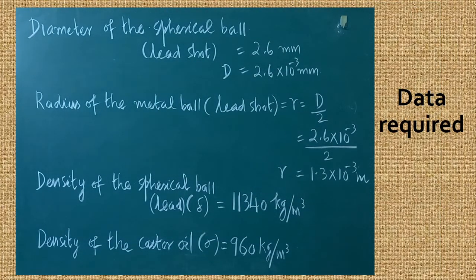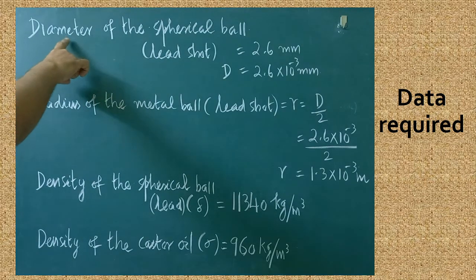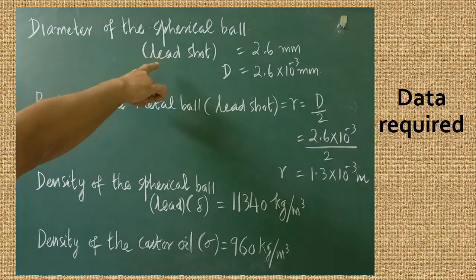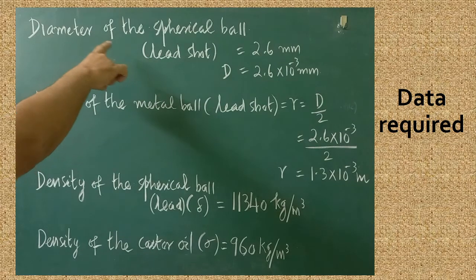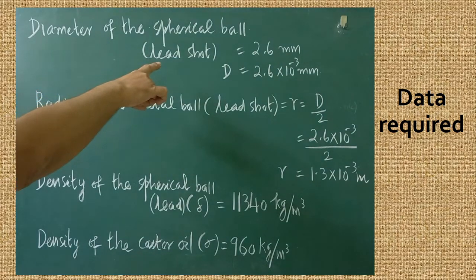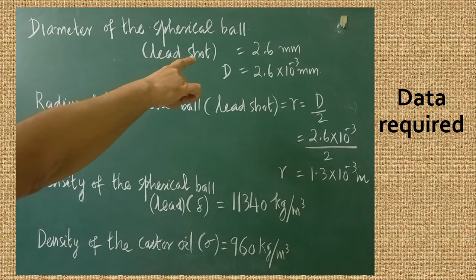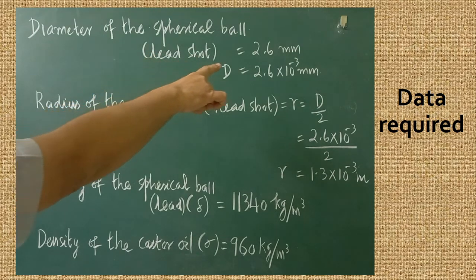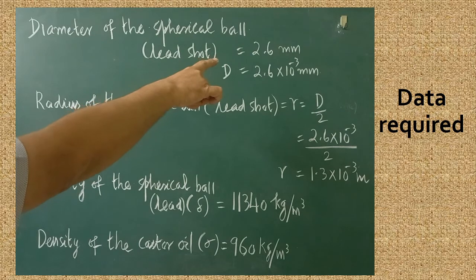Before going to start the calculation, we have to find out the diameter of the spherical ball, that is the lead shot. The lead shot's diameter must be found out with the help of a screw gauge. Already I have found out the value of the diameter of the lead shots. It comes around 2.6 millimeter.